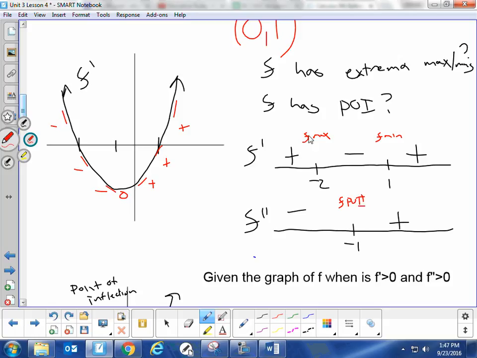Okay, so f has a max here at -2, f has a min at 1, f has a point of inflection at -1. Okay, good.